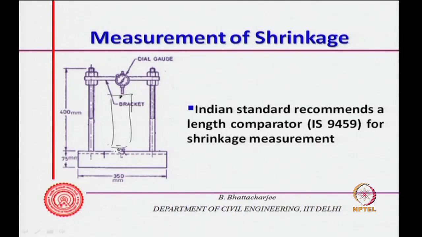There is a tip which comes and matches, and this dial gauge can tell you the dimensional changes. So, this can be used for measuring length change, and if it is a sealed specimen, then that would give you chemical and autogenous shrinkage together.